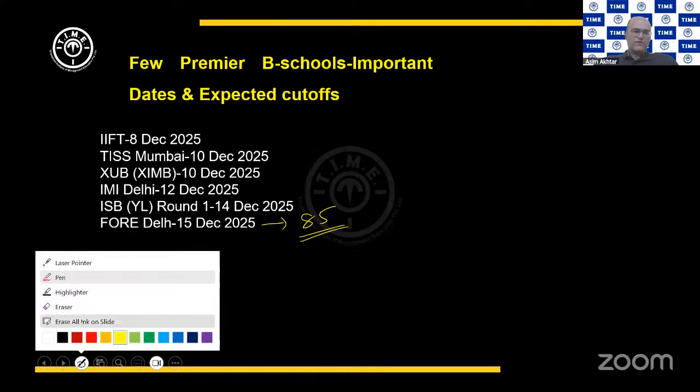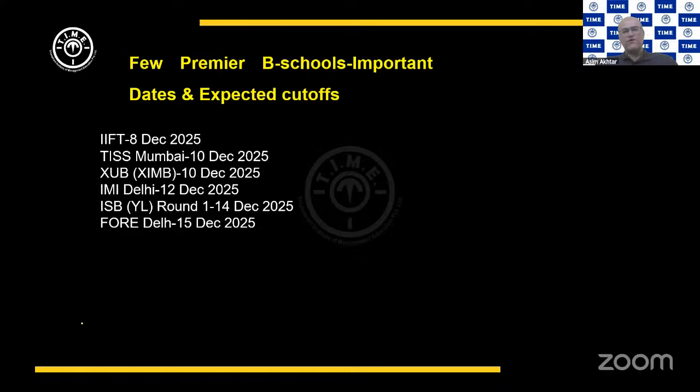Now, moving on to the next one. Next in the list, we have got a business school which is very close to Fore School of Management, geographically speaking, in the city of Delhi. I'm talking about Lal Bahadur Shastri Institute of Management. It's an old business school and a pretty well regarded one. The cutoff in Lal Bahadur Shastri Institute of Management would be around 80, 85 percentile in CAT.